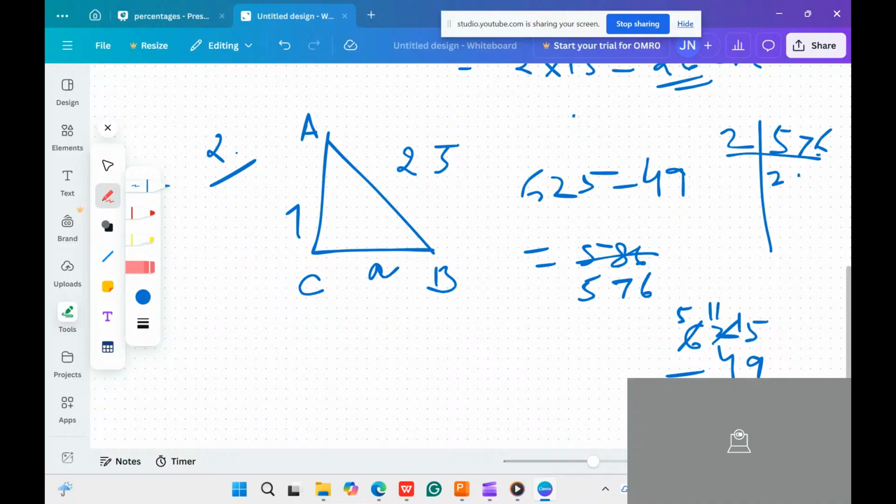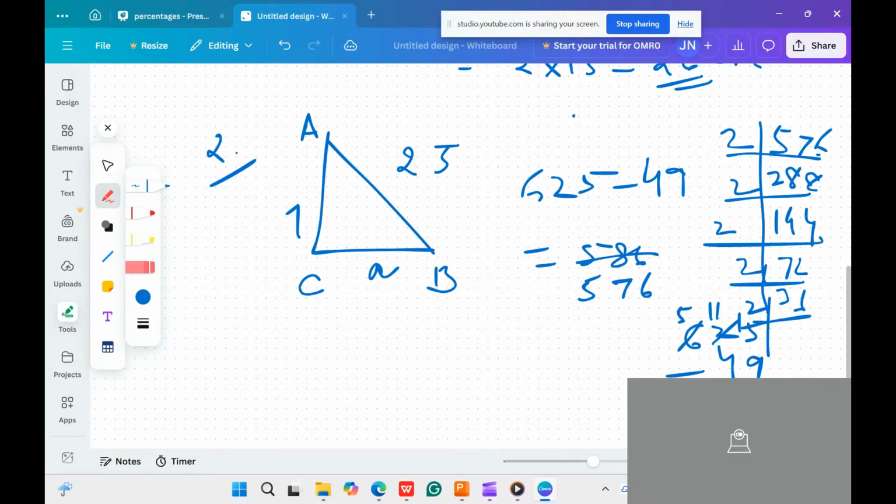So this, and then do it with 2. 2 2s are 4. 2 8s are 16. Don't be careless, okay? And then, well, I know 144 is 12 times 12. So here it will also work. But let's go by the book. Then again 2 9s. 2 here, 2 here, now 3 here, and then 3.